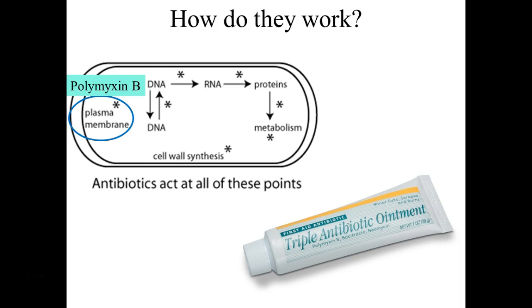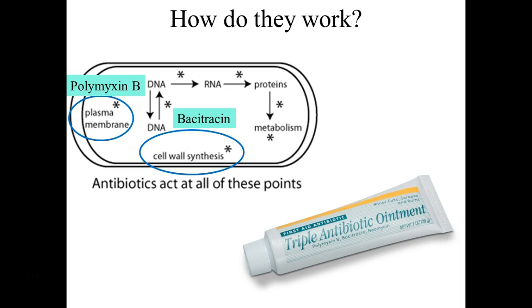So we have polymyxin B that interferes with plasma membranes. And this is why it's a topical treatment and you wouldn't take it internally. It would be toxic to even your membranes. Externally, small concentrations, fine, right? You're not going to slather half your arm in this either, right? This is for minor wounds, minor situations. The other is bacitracin, and again, this one, when taken internally, could be toxic.